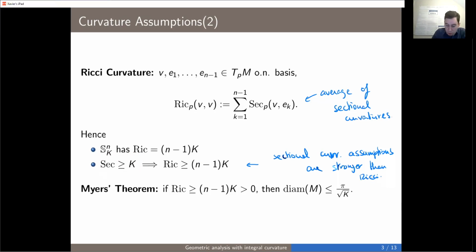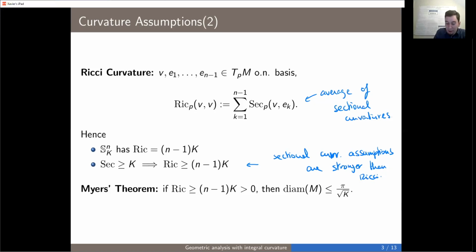So just to show you a little bit an analogy of what I was mentioning earlier, earlier we had this theorem of Bonnet that told us that if you were curving more than a sphere, then your diameter was bounded by the diameter of the sphere. Actually, the same theorem holds for Ricci curvatures.